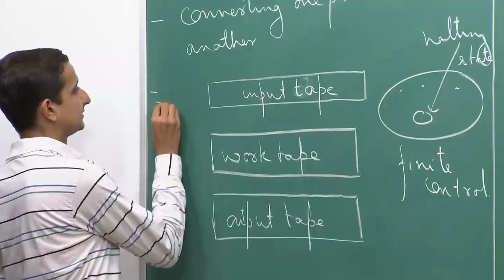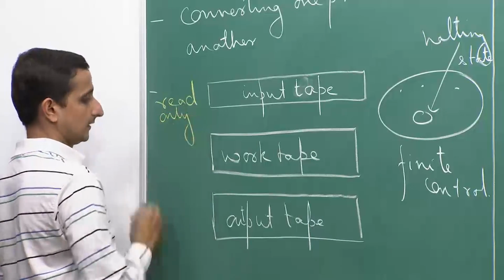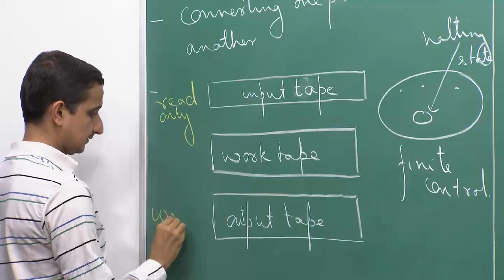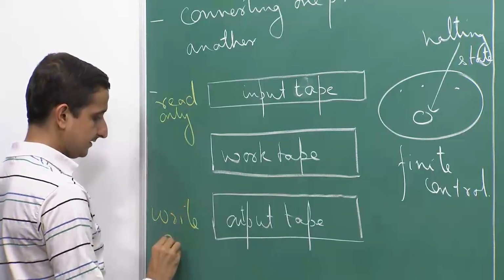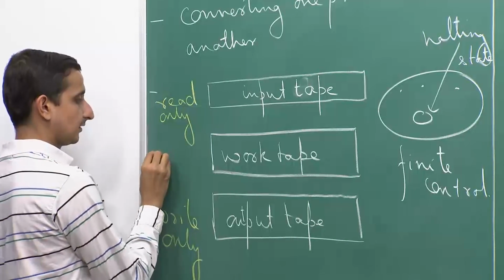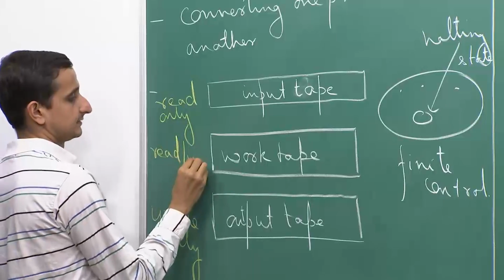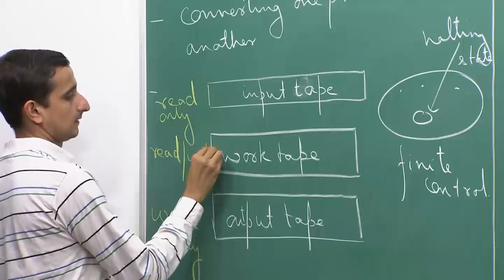So, the input tape is read only, the output tape is write only, and the work tape is of course read write. I can do both read as well as write.